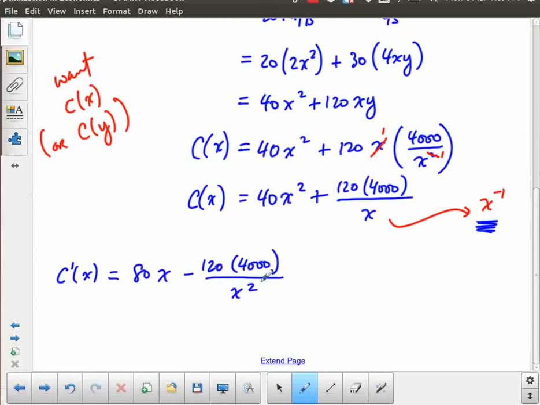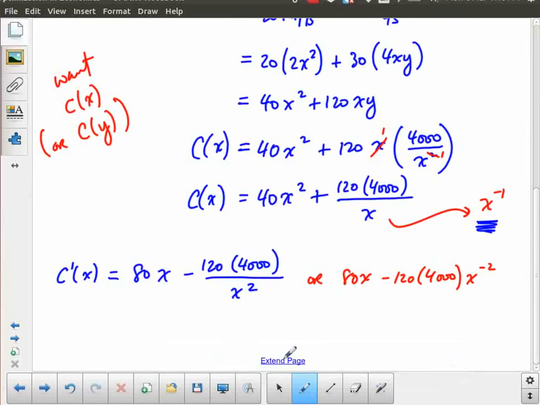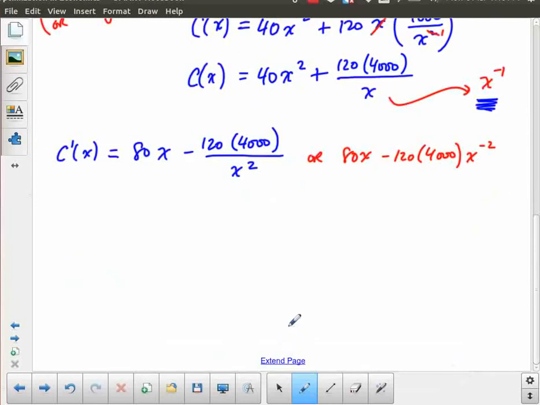We could have also written that using the negative exponent, and that would have worked just fine. So we could have also written that as 80x minus 120 times 4,000 times x to the negative 2. That would have worked just as well. So regardless of which path you take, they're equivalent expressions. They mean the same thing.